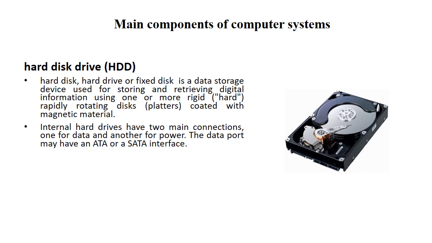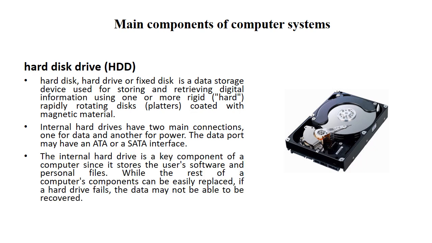Internal hard drives have two main connections, one for data and the other for power. So this has two main connections. One slot for data, the other one is for power supply. The data port may be an ATA or a SATA interface.